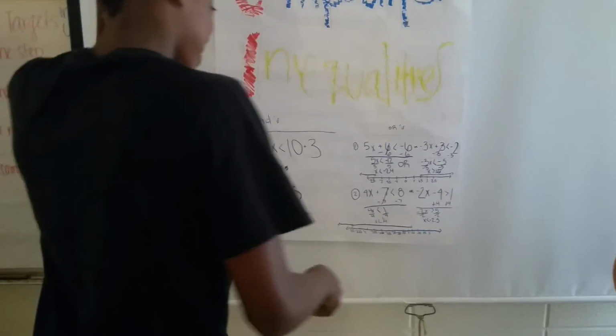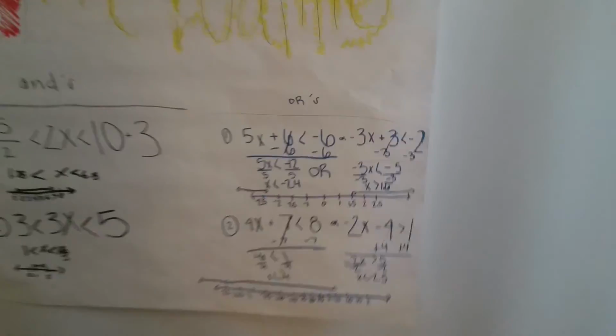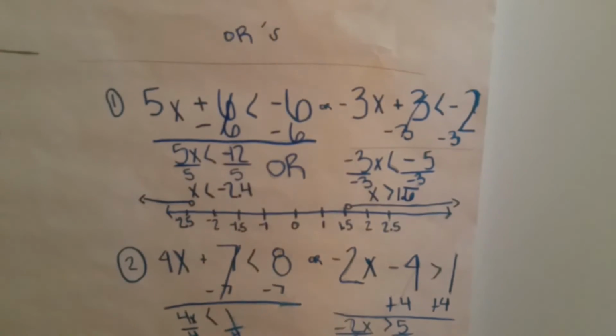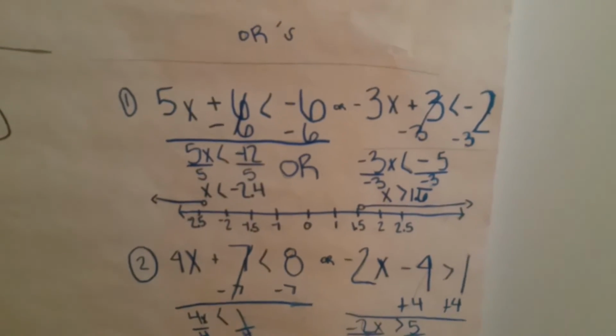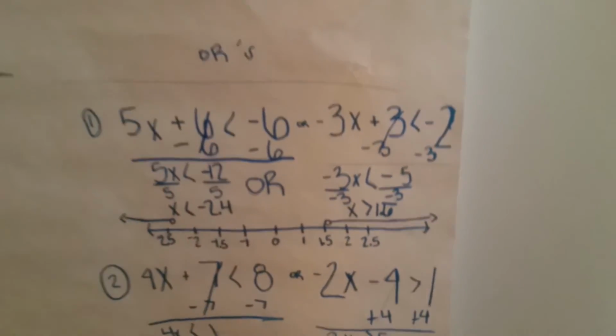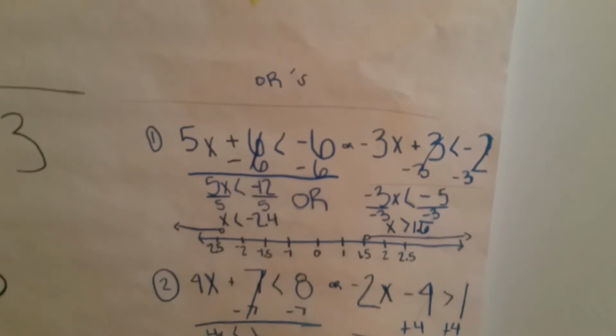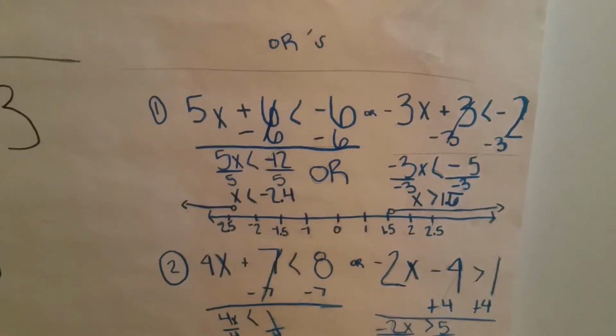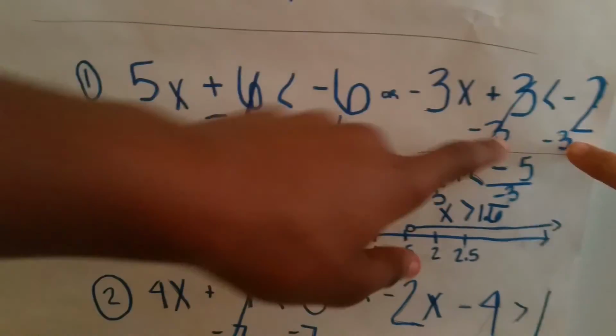Yes. Here we got Patrick that did that one correct. For the ors, we did 5x plus 6 is less than negative 6, or negative 3x plus 3 is less than negative 2. Then you would subtract 3 over here, and we subtract 3 over here.